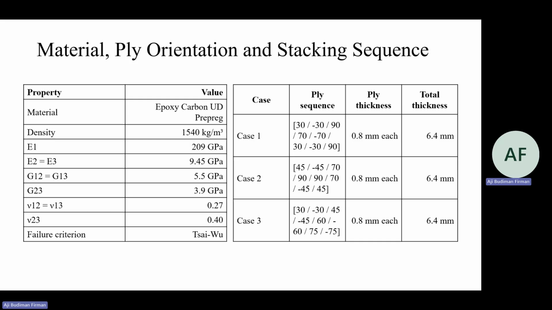Three laminate stacking sequences were compared. All cases use the same material, the same number of plies, the same ply thickness of 0.8 mm, and the same total thickness of 6.4 millimeters. Therefore, the comparison focuses only on the effect of ply orientation and stacking sequence on deformation and Tsai-Wu failure index.